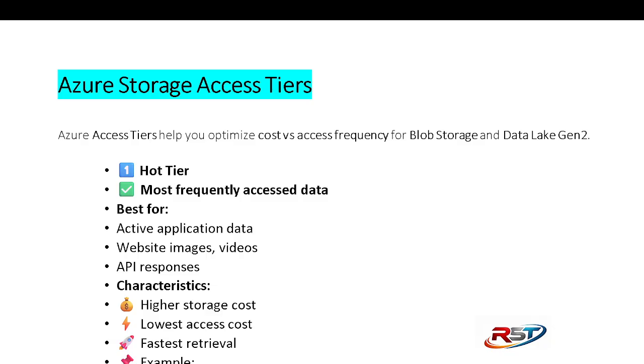Characteristics: higher storage cost, lower access cost, fastest retrieval. Example, live website images used daily. So for daily used data, we use hot tier. We access it most frequently.